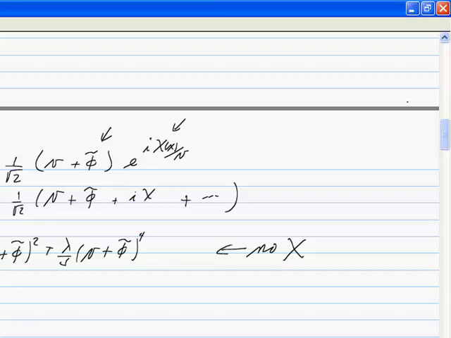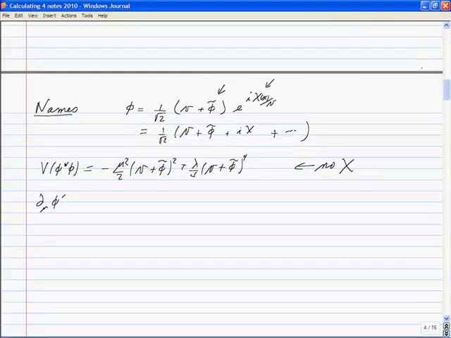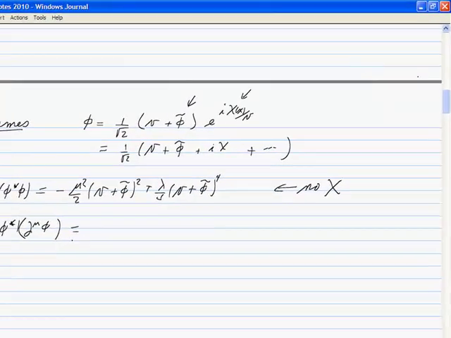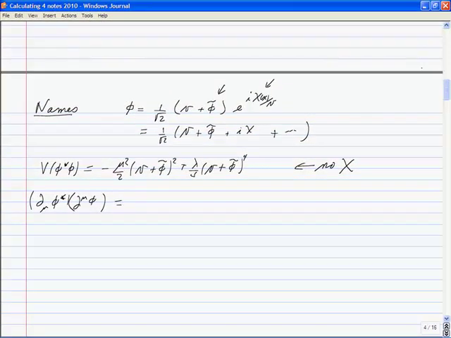And if I look at the kinetic energy piece, the other piece which I haven't been writing, d mu phi star d mu phi, it's not too terrible, but you can sort of see what happens.